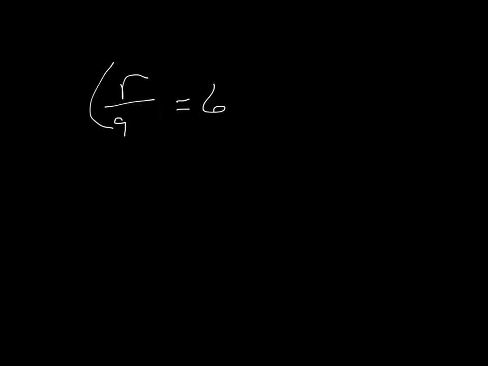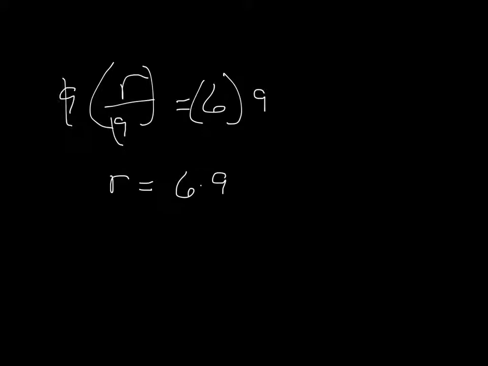So I'm going to go ahead and go like this and go 9. In that case, we'll go ahead and bring our r down here. What we do to one side, we have to do to the other side. We have to multiply this by 9. Okay? So ladies and gentlemen, we have 9 times 6 equals r.